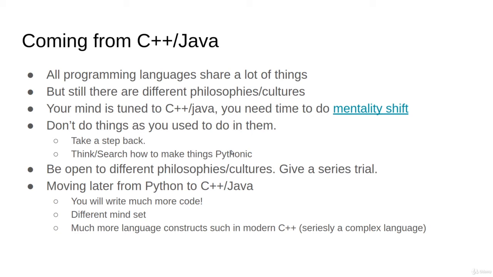Also, expect mentality shifts. Observe that all of the programming languages share a lot between them, but eventually there are different philosophies and cultures from one language to another. If you are, for example, coming from a C++ and Java background, your mind will be highly tuned toward the language, and you typically need a mentality shift to move from this language to another language.